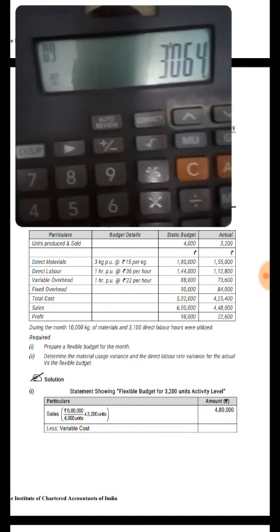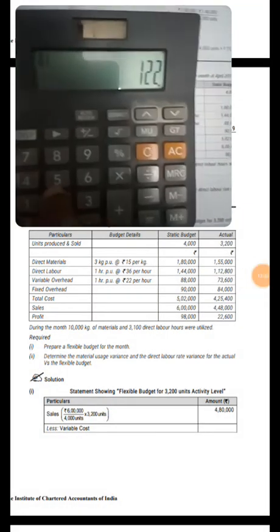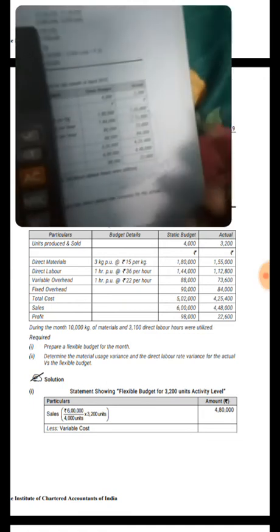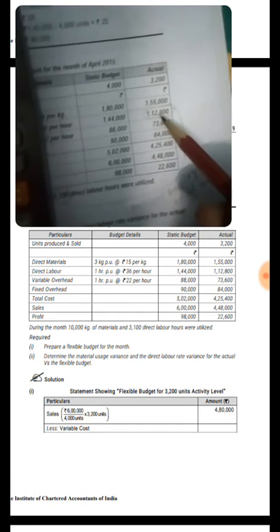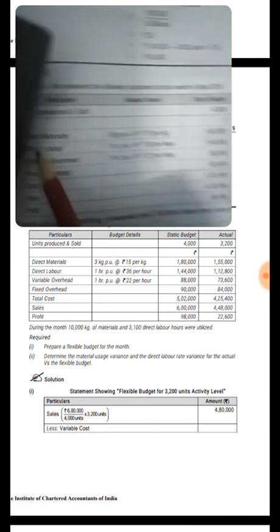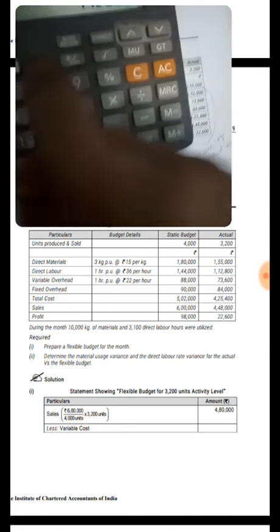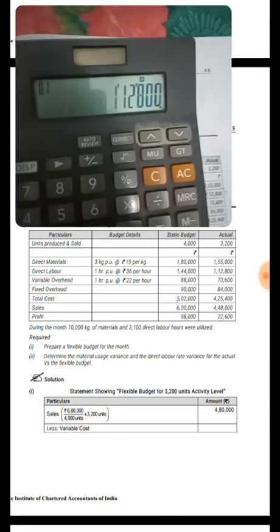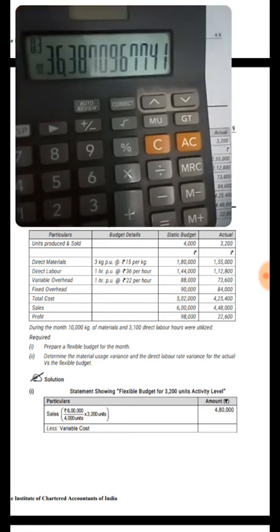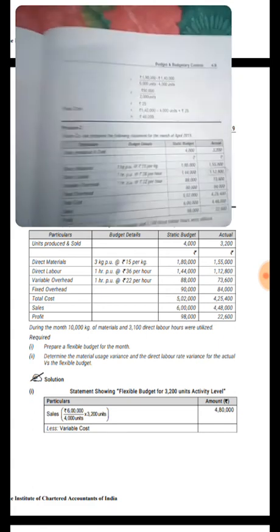Once again, some mistake I have made. See this: 1,12,800, which is given here, is the direct labor. 1,12,800 has to be divided by 3,100, and that comes to 36.38 something. This is the actual hours. So what was the formula?